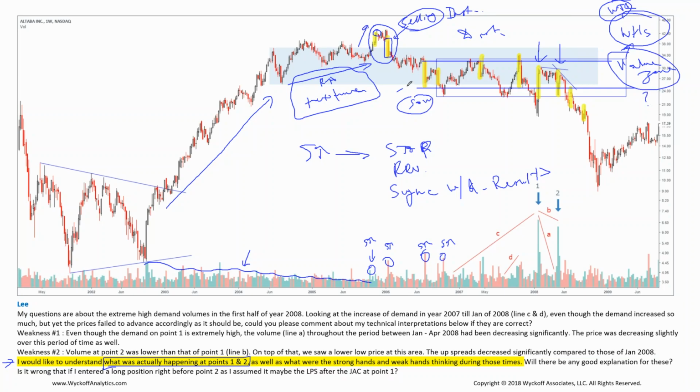It means that at this spot right here and at this spot right here, weak hands are buyers. And if they are buyers, what do they see? The weak hands are seeing some kind of value. So that's a very interesting thought. How could they see value at this point of time?